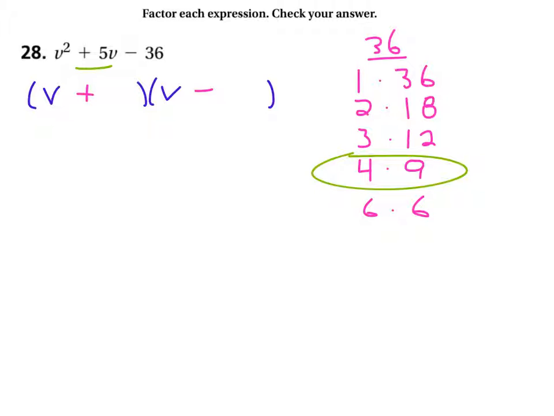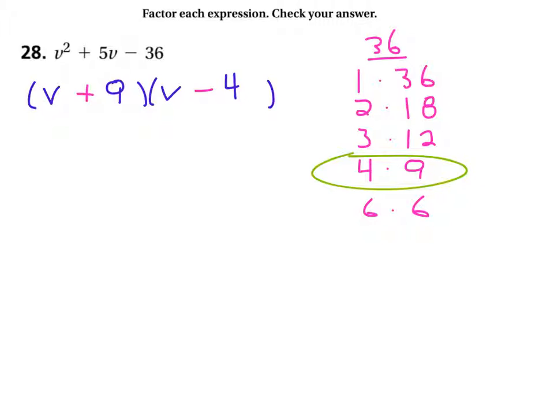We've got to put the 4 and we've got to put the 9. Which one goes with the positive? Well, the sign of that middle term is positive. That means there was a bigger number of positives than negatives. Since there's a bigger number of positives than negatives, the bigger number has to go with the positives. So we say 9 goes there, and then the 4 goes there.